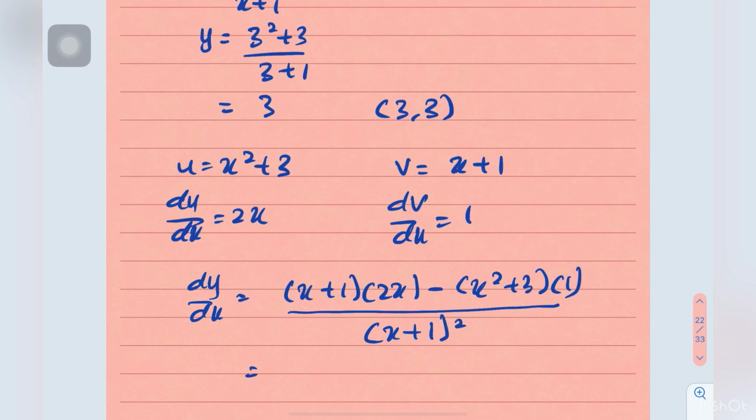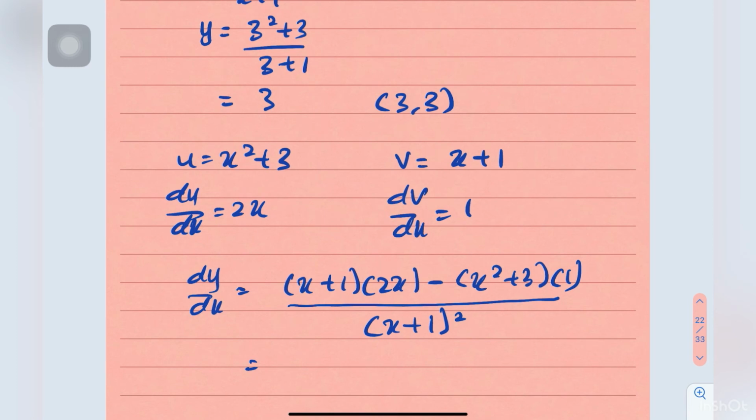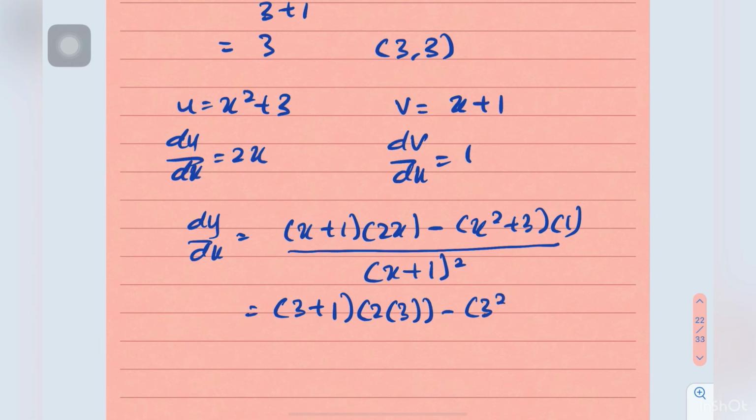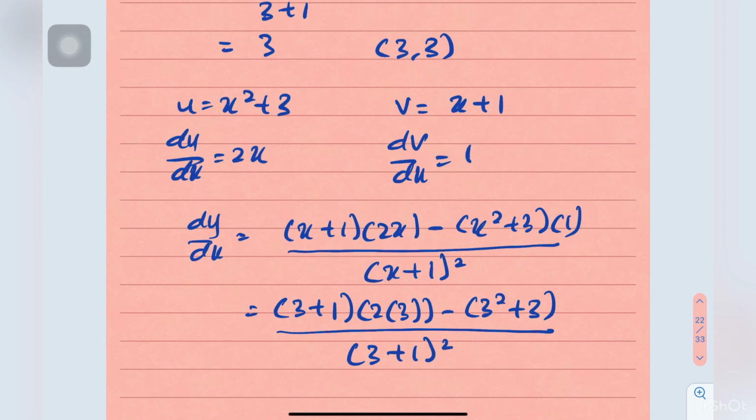Okay, so then we substitute. Even if you want to simplify, then substitute also can, but now I want to directly substitute. So here 3 plus 1 times 2 times 3, minus 3 squared plus 3, over 3 plus 1 squared.